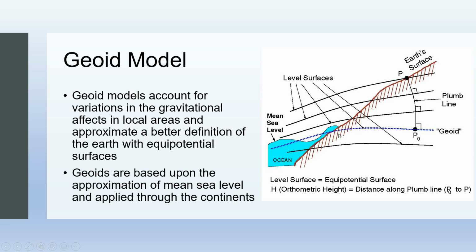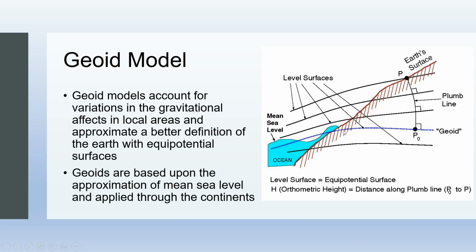As you go through the continents, your plumb line and your local gravitation will change based off of a myriad of effects. The elevation can have a difference, and any kind of large deposits of heavy minerals can affect the gravitation in that area.